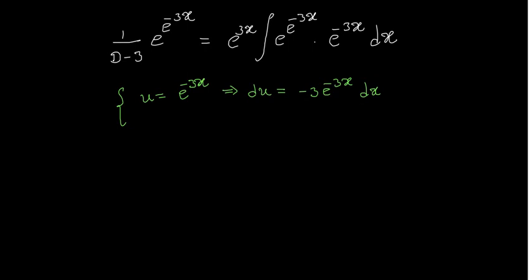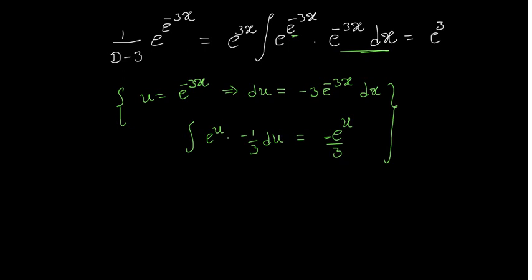In place of this I need to substitute u, so e power u into minus 1 by 3 into du. Why? Because e power minus 3x into dx will become minus 1 by 3 into du. You know its integration. So this is e power u times minus 1 by 3. So now from this I can directly write the integral: e power 3x into e power u, that is minus of e power minus 3x, by 3.